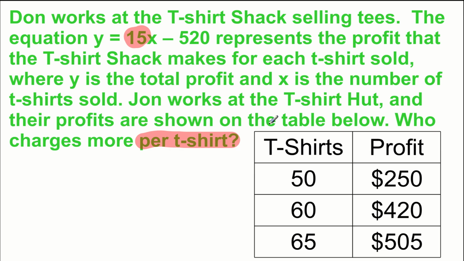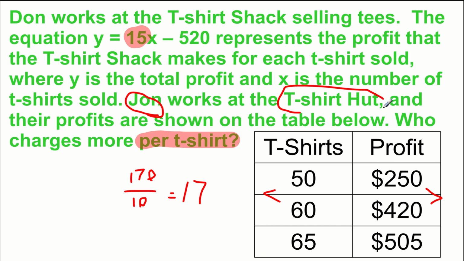For John, then, we need to use the table. Change in y is 170. Change in x is 10. That gives us 17 for John. That means John is the one that charges more per shirt.